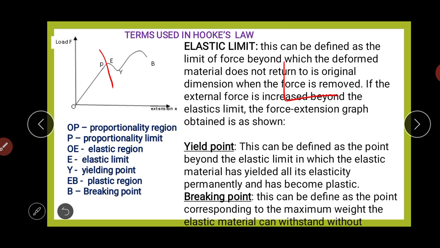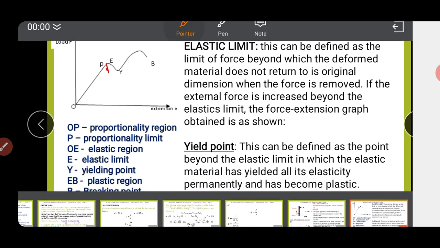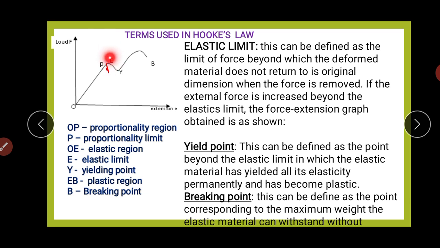The elastic limit is still around P in that diagram, because it's still linear. That is from O to P. We call it the proportionality region because the force is directly proportional to the extension in that range.